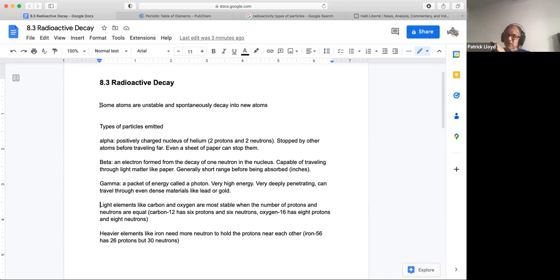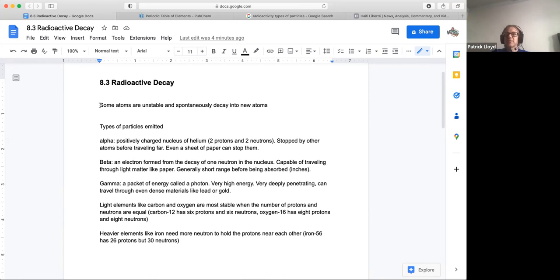Now, in general there's more than 3, but we'll focus on 3 different types of particles that can be emitted. The first one is called an alpha particle. Historically, it was the first one to be studied, so we call it alpha for A. Alpha is the Greek letter A. It's a positively charged nucleus from helium.